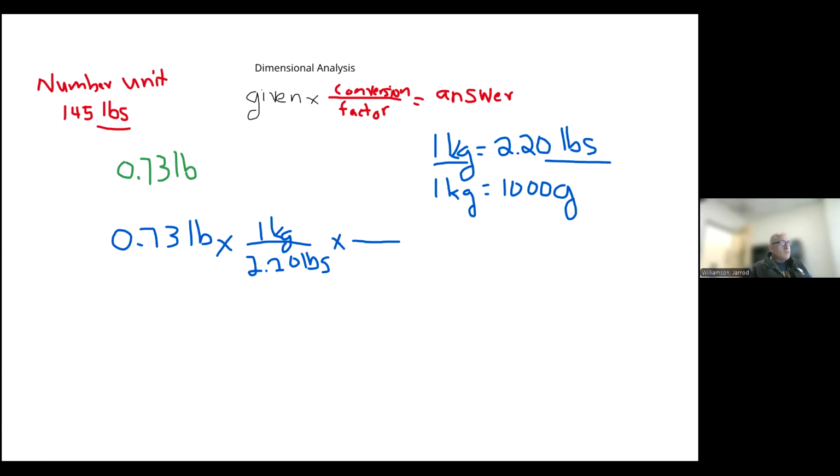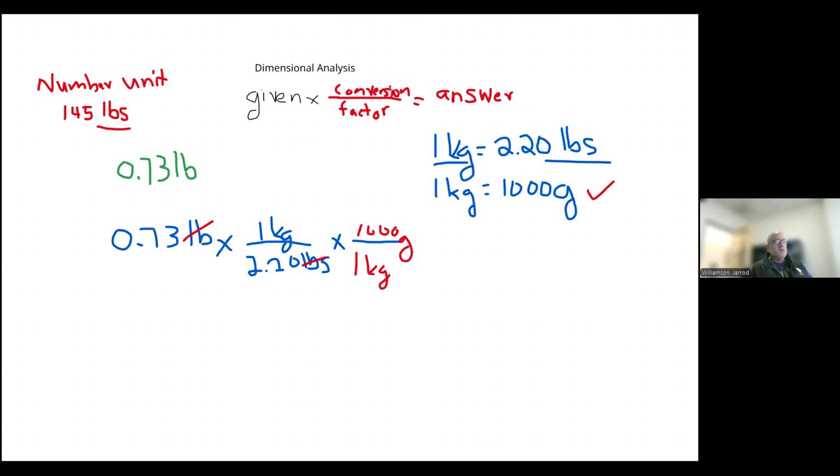Okay. Now, pounds cancels with pounds, and I'm left with kilograms. I'm now going to use this piece. 1 kilogram is 1,000 grams.